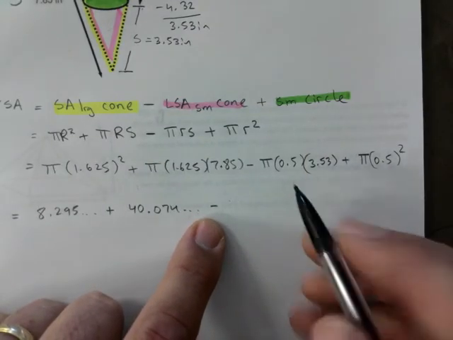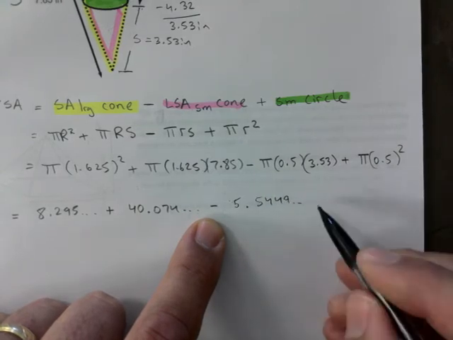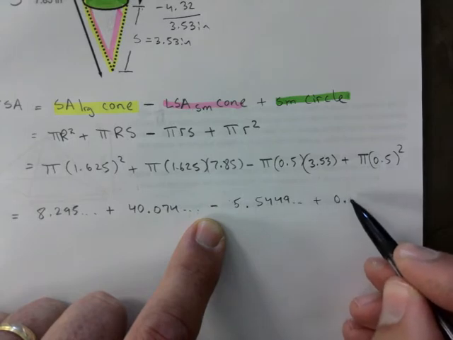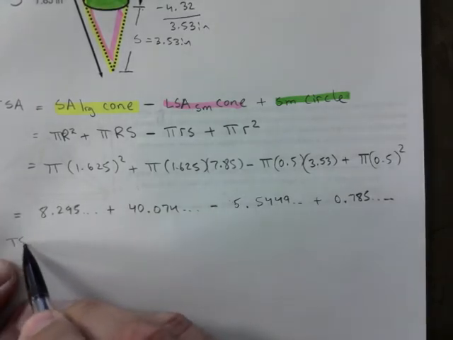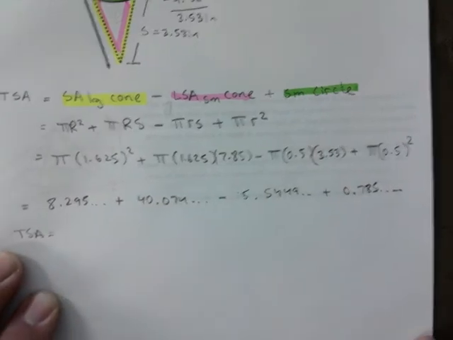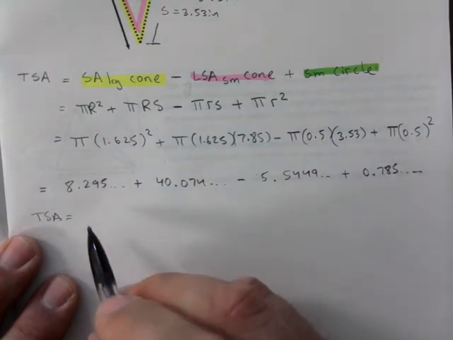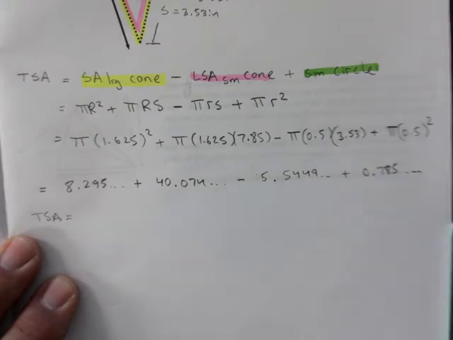This is 5.5449, as you can tell. Pi times 0.5 squared is 0.785... And those of you who had me before, be warned, I may come back tomorrow and make corrections to page 15, but we're good.